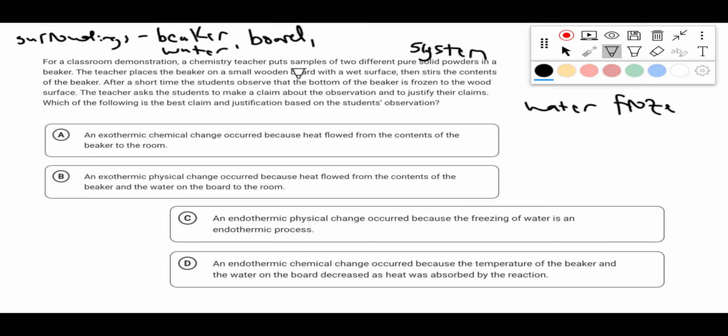So the students observed that the beaker was frozen to the surface. For the water to freeze, that means that it went from a solid to a liquid, and that is going to be, sorry, I said that backwards, a liquid to a solid.